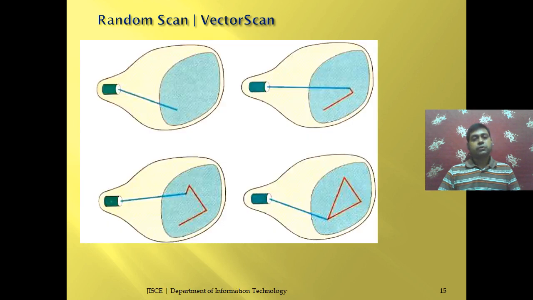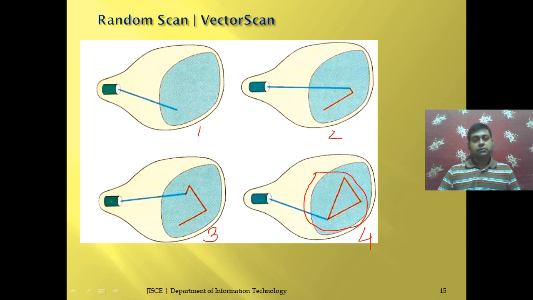So if we look into the picture here, this is the final image, the triangle, let's say, and the electron gun is completing this is number 1, let's say, this is number 2, this is number 3, and this is number 4. So number 4 is the final. So here this is the final image after random scan.